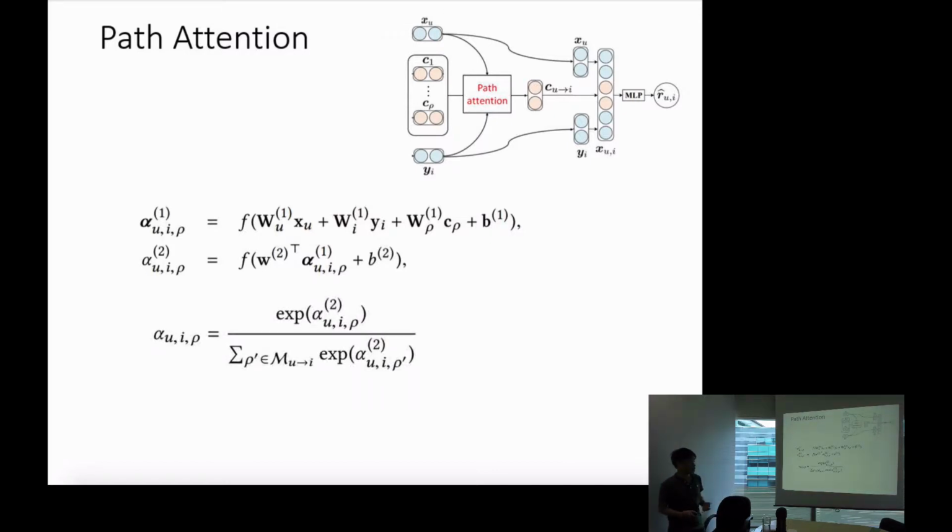It's a softmax normalization, and they have the score for each metapath, and then they aggregate all the path embeddings into one CUI here. So instead of doing averaging, they do path attention to get this CUI. So this is another variant of the model. But you're still averaging, right? Yes, it's a weighted average, which is the attention. We normalize, we don't just average.